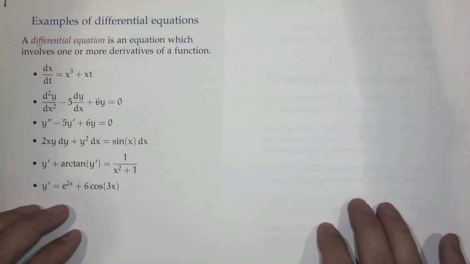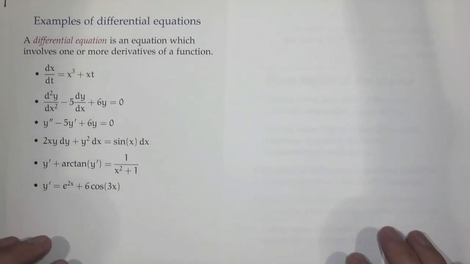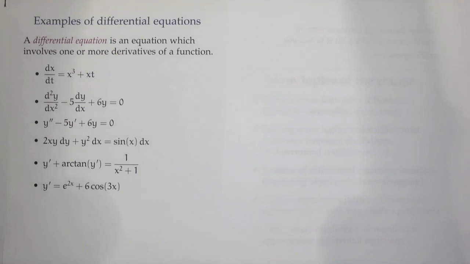All right. Quick, one more slide here to go through. So we have examples of differential equations. Again, a differential equation is an equation which involves one or more derivatives of a function. So you might have something like dx dt equals x cubed plus x times t.